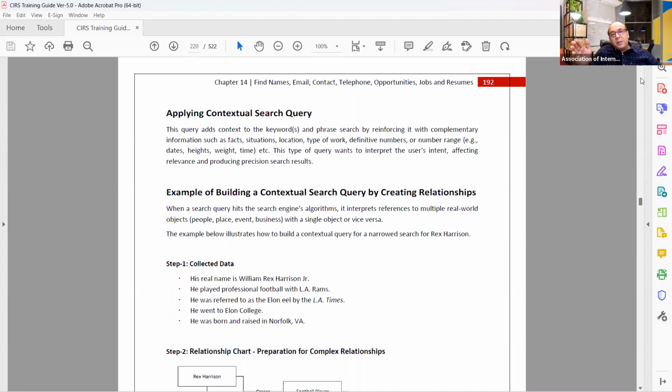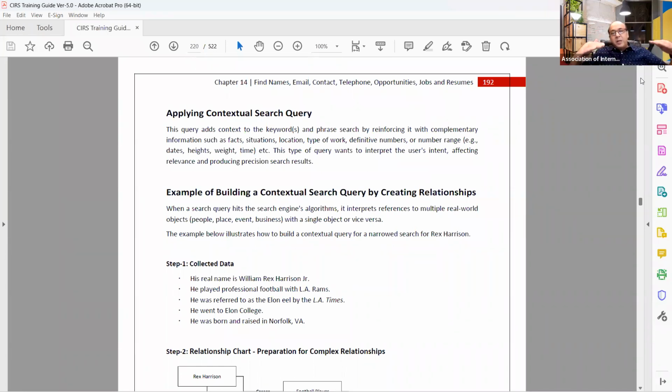So refining or adding more context would also eliminate the need for you to take out other terms attached to the actor Rex Harrison. You understand what I'm saying?